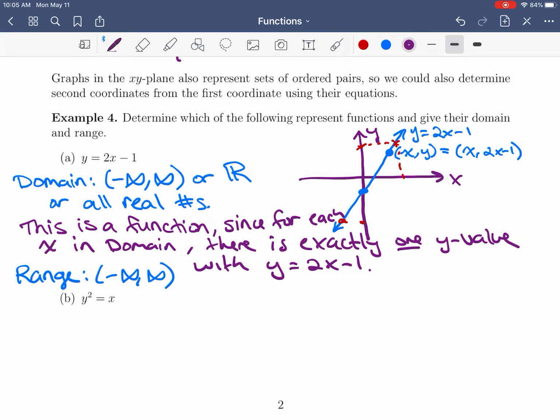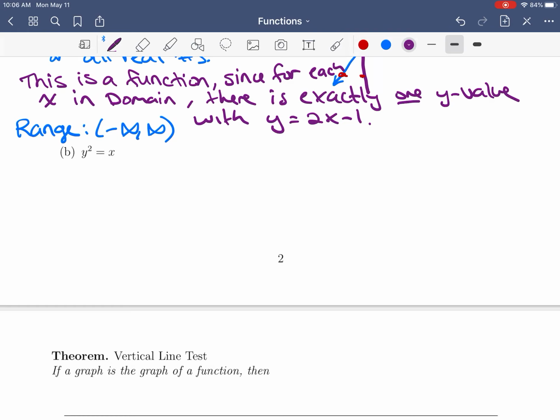Okay, let's see one that's not a function. So this one's not a function. Now the domain here is a little harder to compute. So I'm going to tell you the domain is, in interval notation, 0 to infinity, or you could say x has to be bigger than or equal to 0. So why is that?